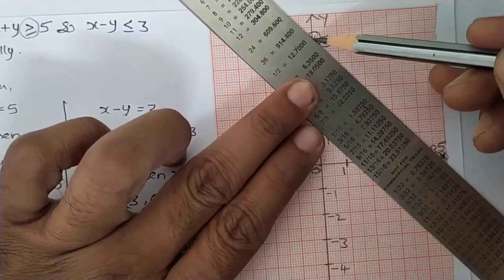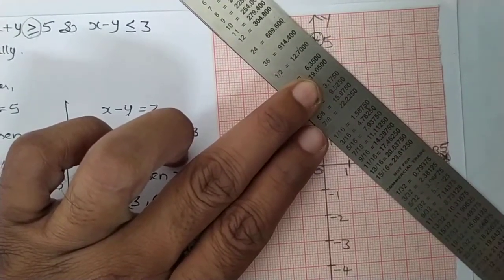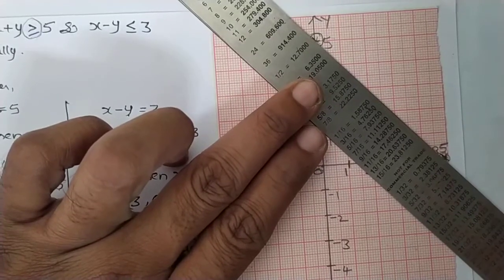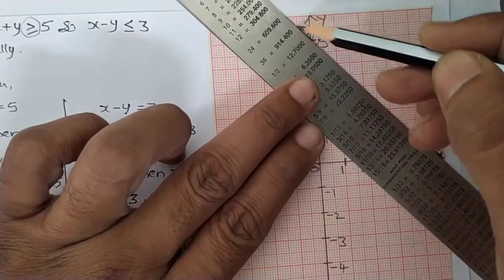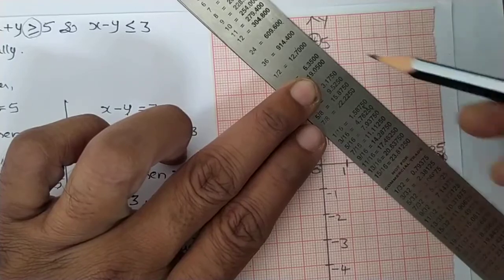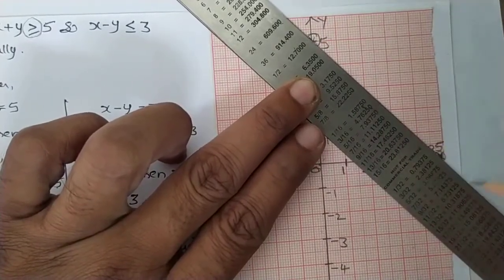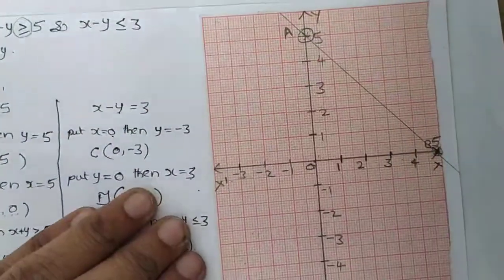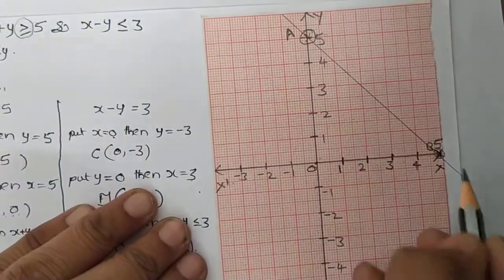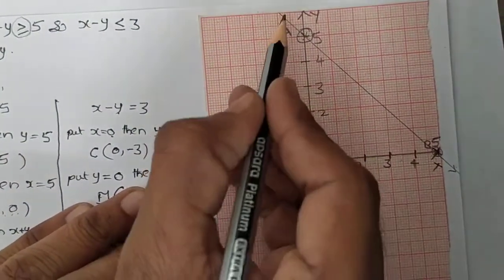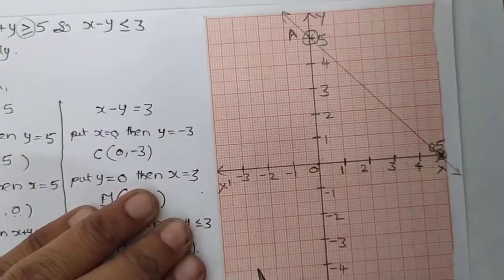The graph should be very clear. Kindly maintain a proper graph sheet in your notebook. Like this, draw this line as a thick line. It is the first inequality.